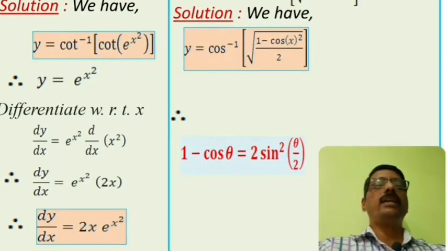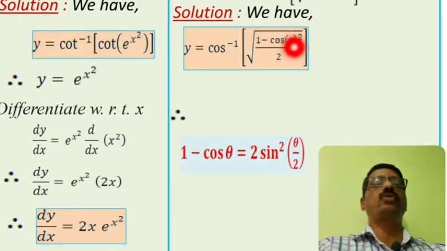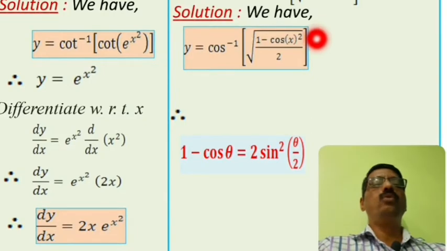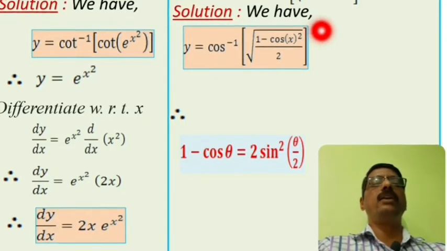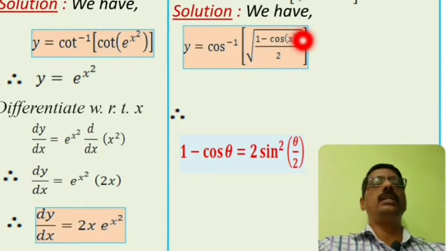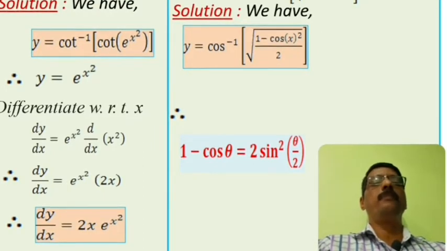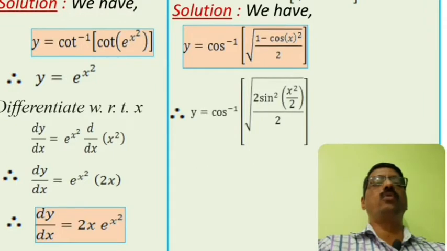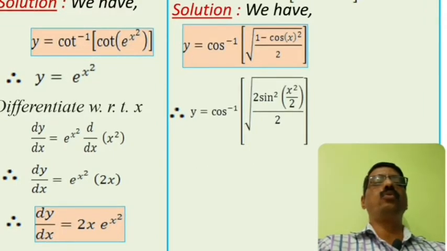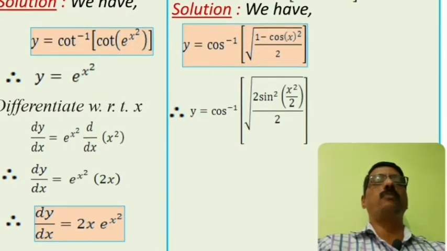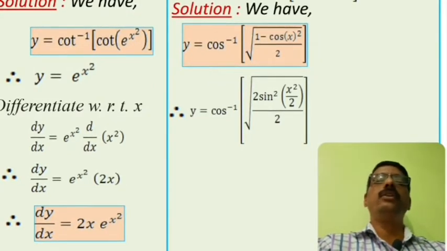By implementing this formula in the bracket, we get 1 minus cos of theta equal to 2 sin square theta by 2, here theta is x square, therefore 2 sin square (x square by 2), whole divided by 2. That is our next step, and therefore the given function becomes y equal to cos inverse of root of (2 sin square of x square by 2) divided by 2.